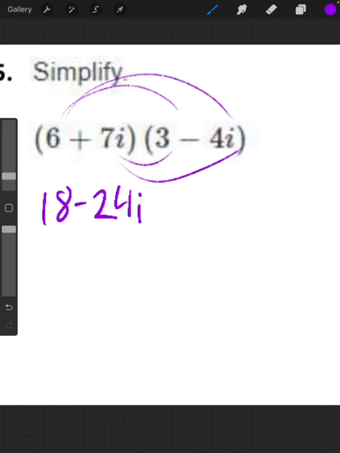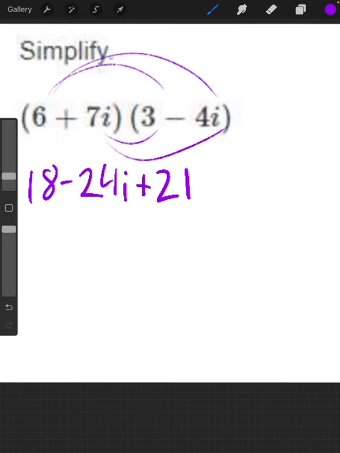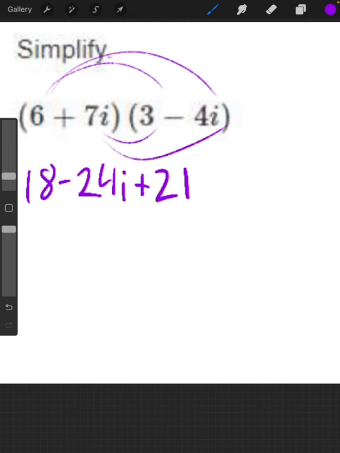Next, 7i times 3 would be 21i. And then 7i times negative 4i would be negative 28i to the power of 2.